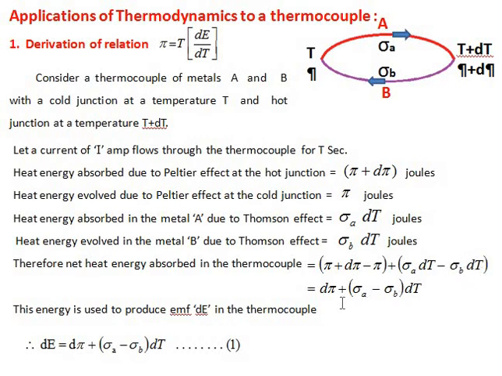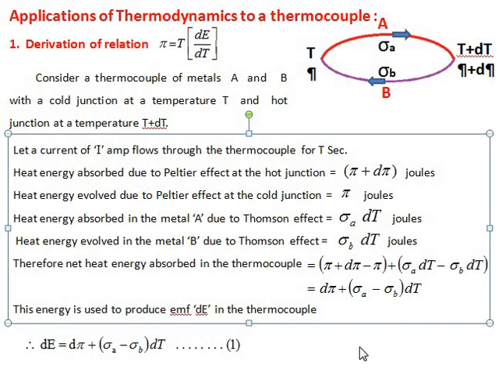Here pi gets cancelled, so it is equal to d pi plus, taking dT out as constant, sigma A minus sigma B into dT. Now this is the total heat energy absorbed due to the Peltier effect and Thomson effect.